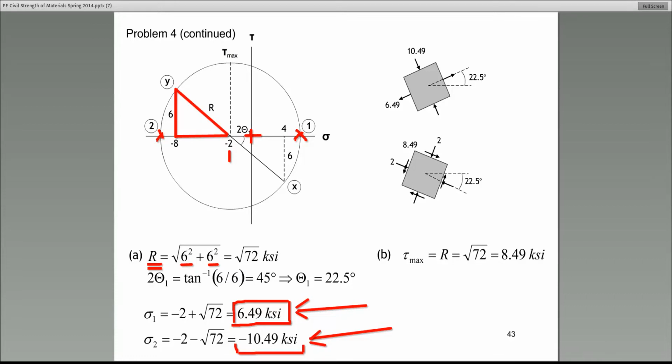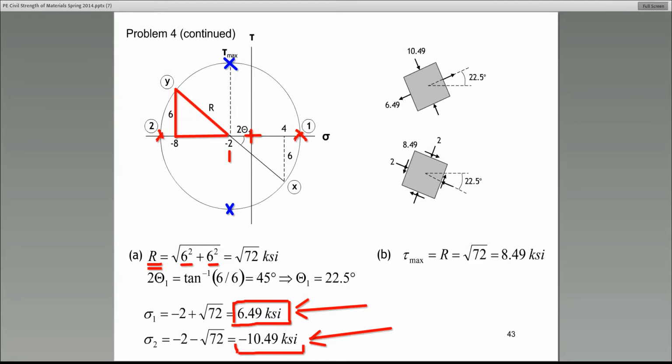The point on the circle that has the highest y value would be this point or this point. Do you agree? It's the highest point on the circle that has the maximum value of the y. And y is the shear stress. All right? So here it is, guys. What's the maximum shear stress?